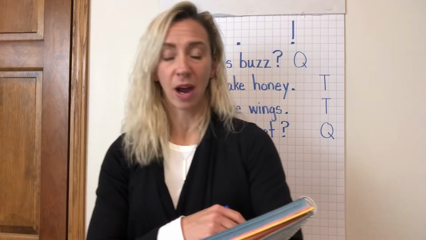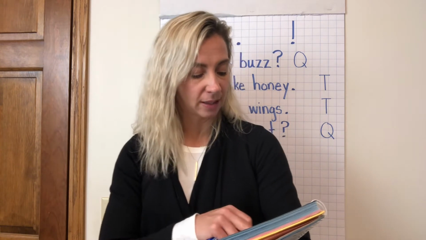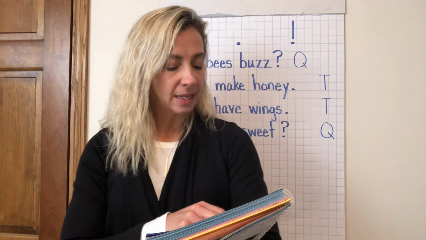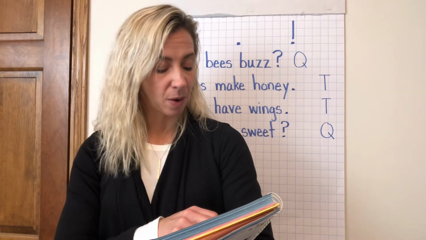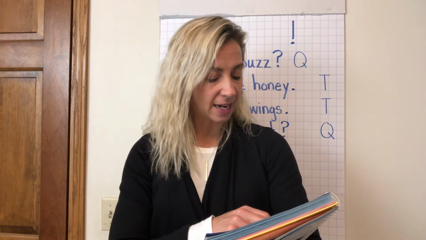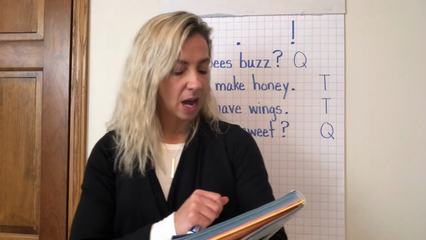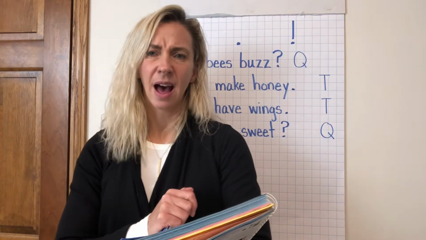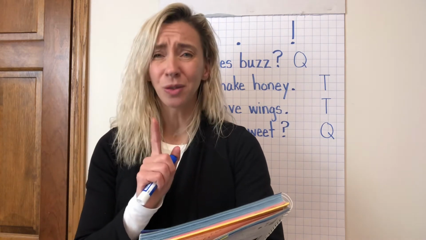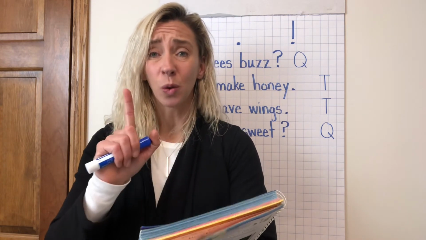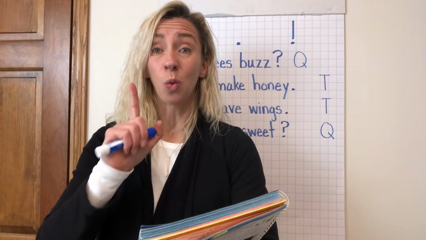Let's come down here to try it out at the bottom red box. Speak up. Tell how to make each command correct. Number 1, hide. How do we fix that command? Hide. It's only one word. Did you know sentences could be just one word? Commands can be just one word.